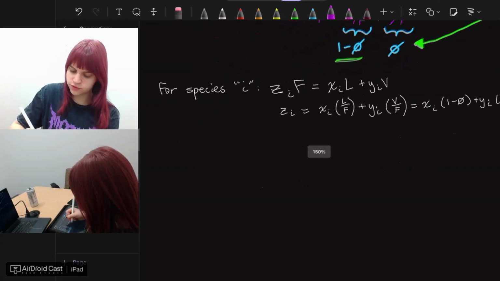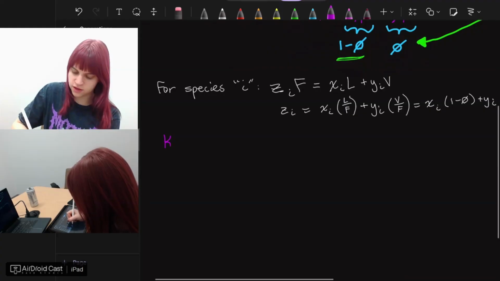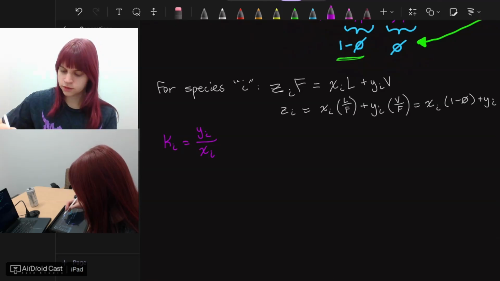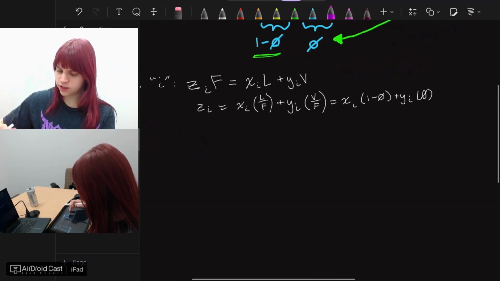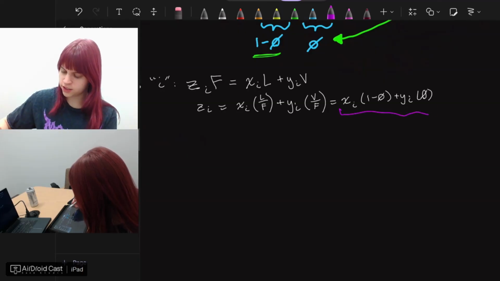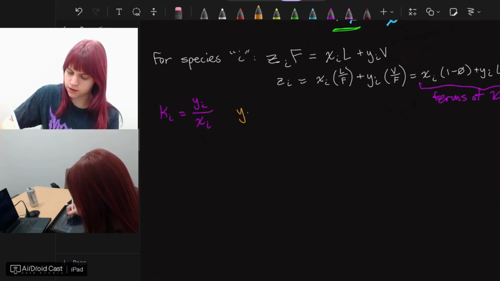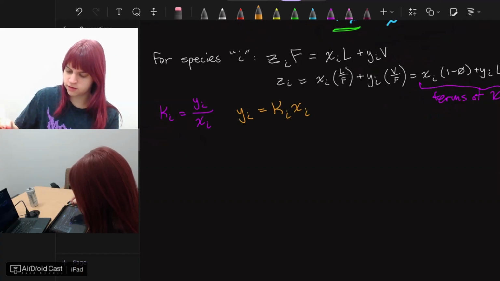We can also define Ki, which is the equilibrium ratio of the vapor fraction over the liquid fraction. So now we can actually take this and get it in terms of x only, because we know that yi is equal to this Ki times Xi.